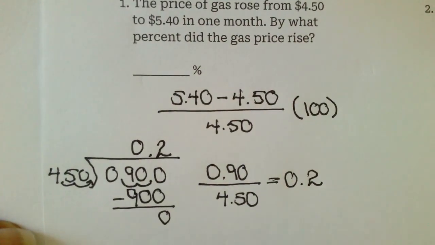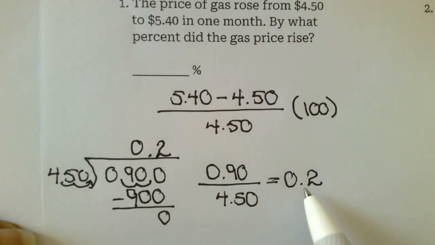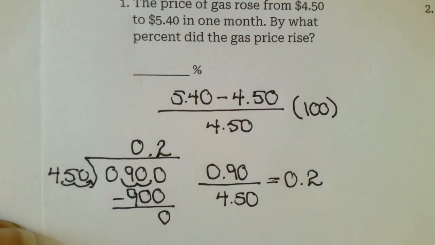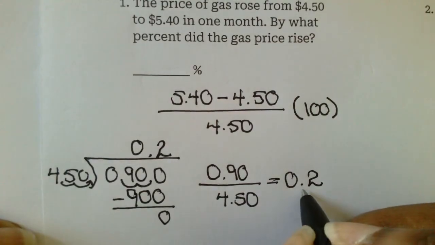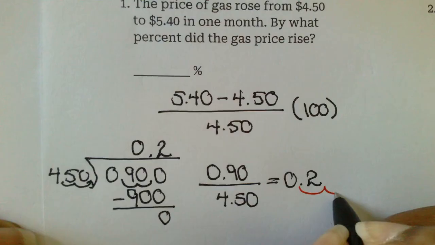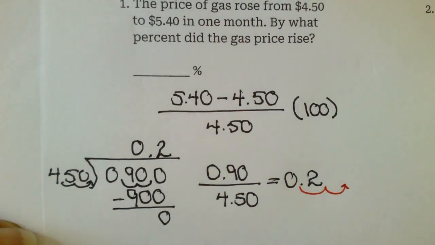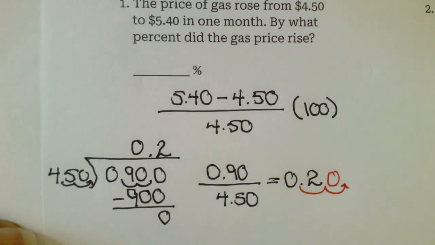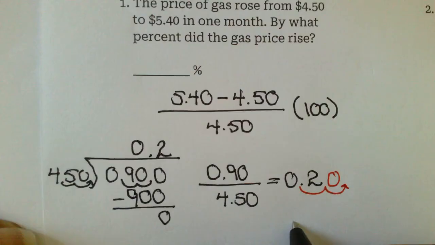So now if I have to do the percentage, I can either multiply this by the 100, or since we know that 100 has 2 zeros, that means we're going to move this decimal place over 1, 2. And in this space, we add a 0. So 0.20 is the same as 20%.